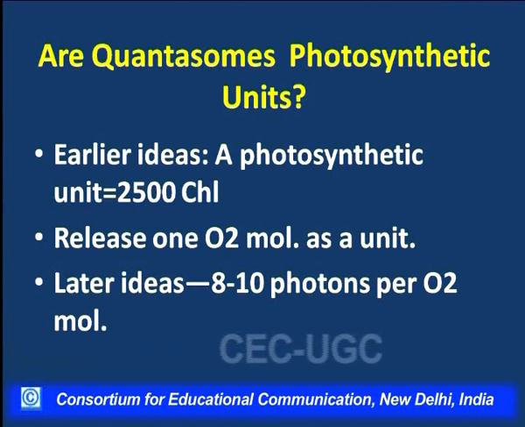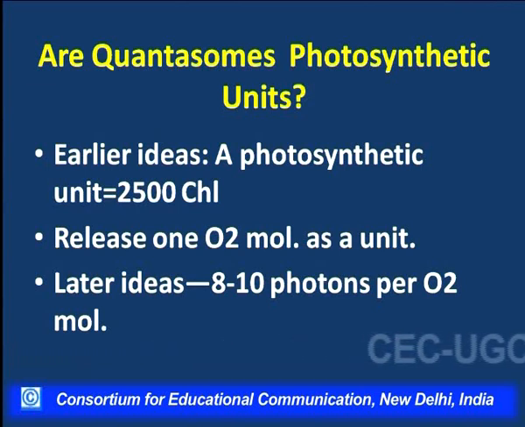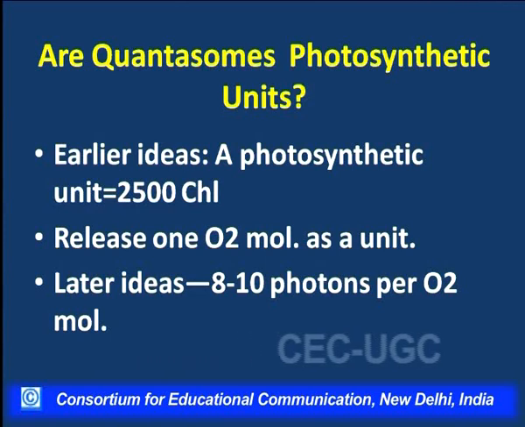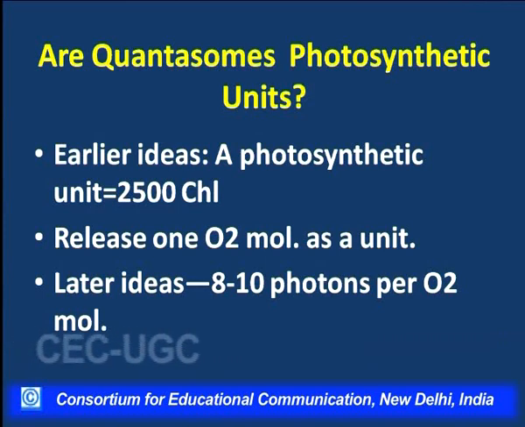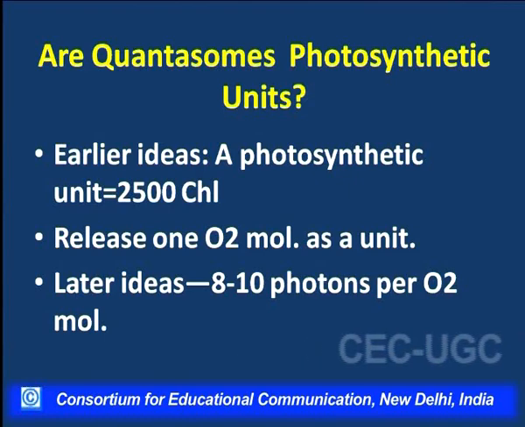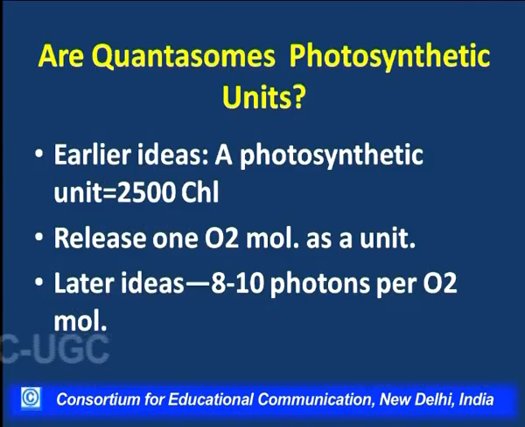The earlier ideas, according to Emerson and Arnold, were that a photosynthetic unit was 2500 chlorophyll molecules acting as a single unit, releasing 1 oxygen molecule. So somehow the equation started emerging, and later ideas were entirely different.